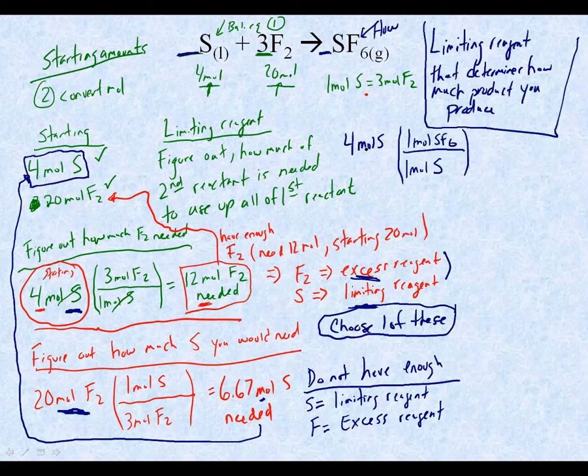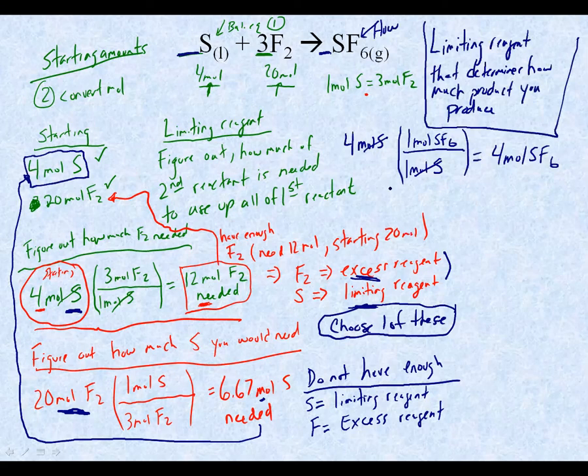That will cancel out, and that would tell us that we would produce 4 moles of SF6 in this particular case. And if we want to know how many grams that would be, we would use the molar mass of SF6, which if I calculate it really quickly here, looks like it is 146.1.